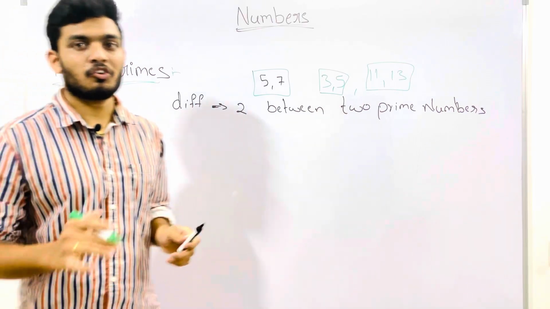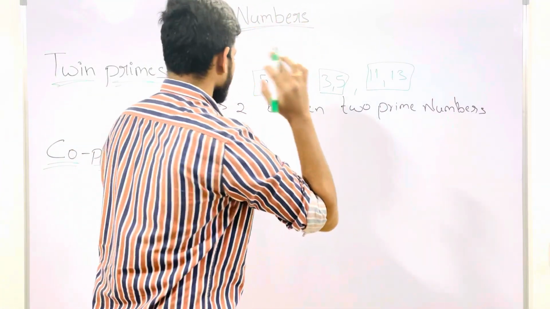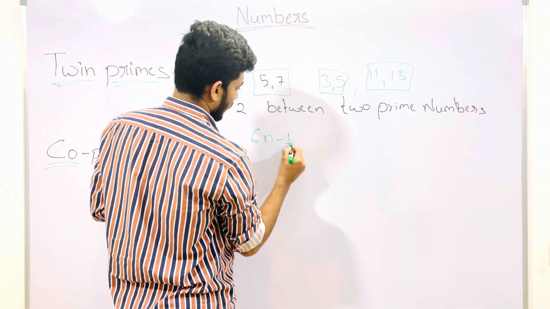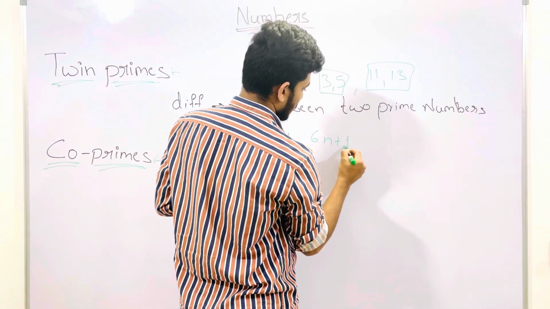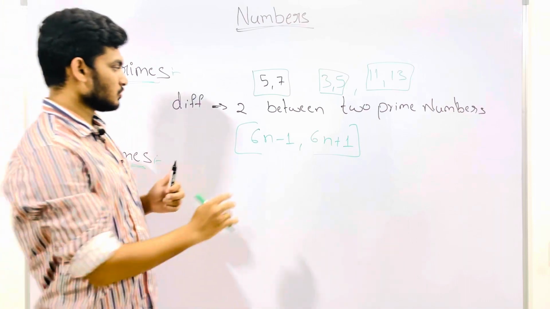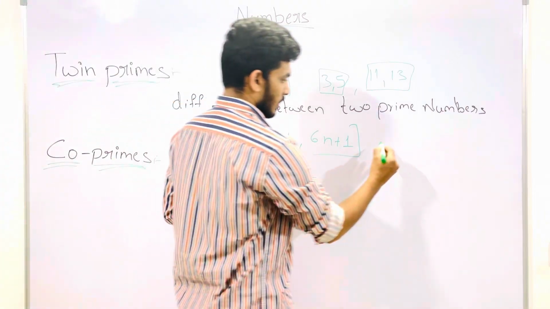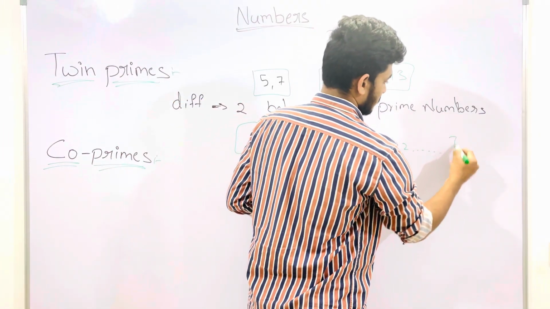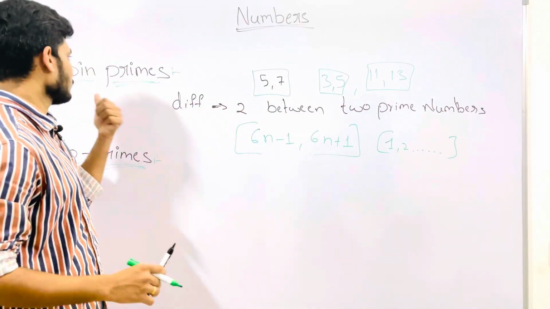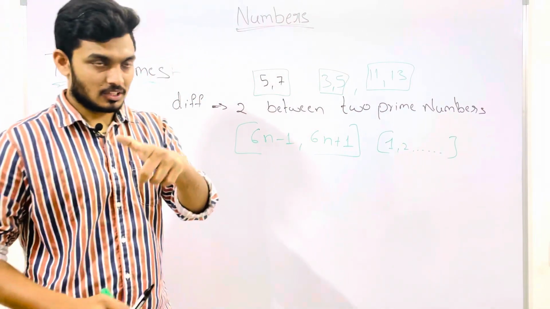There is a generic formula to know whether two numbers are twin primes: 6n minus 1, comma, 6n plus 1, where n is 1, 2, 3 and so on. If two numbers are twin primes, then they should fit into this formula, except 3 and 5.